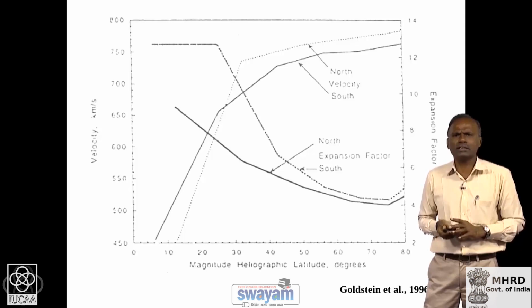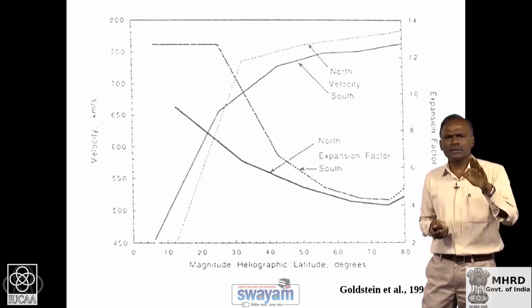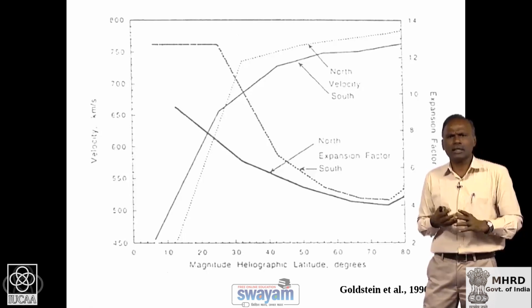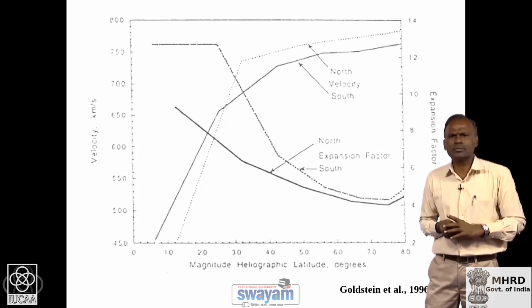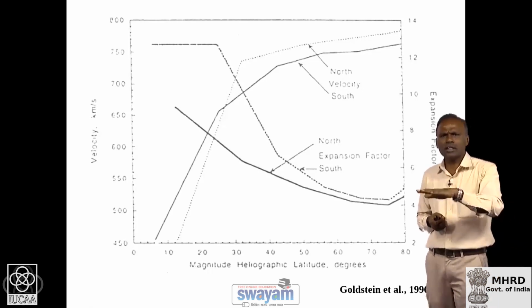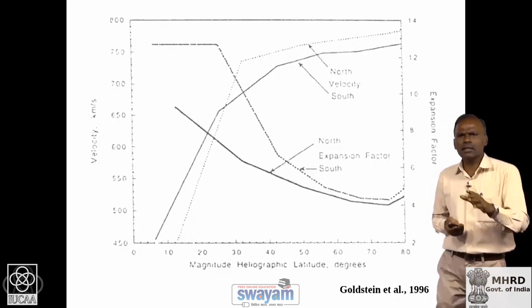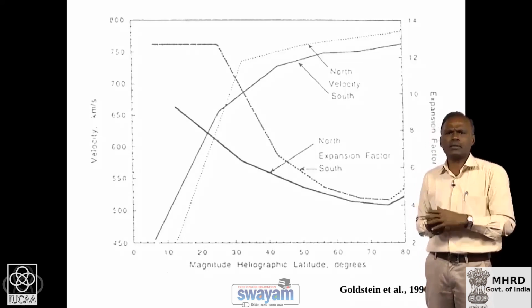The solid curve is for the north, and the dotted line is for the south, and then we have the expansion factor.